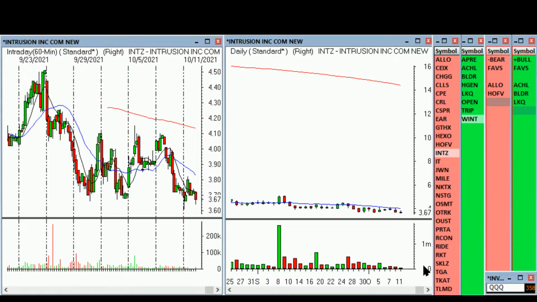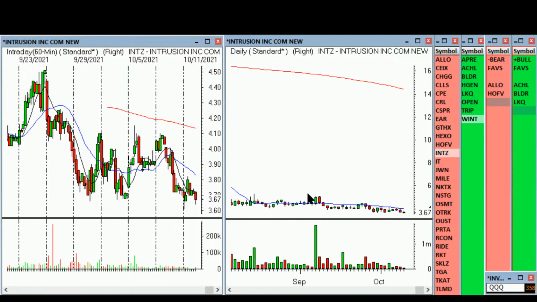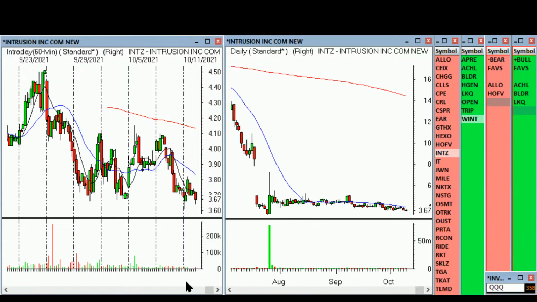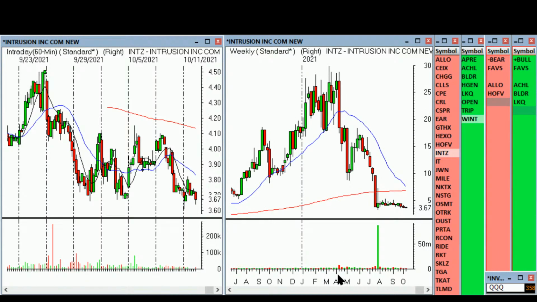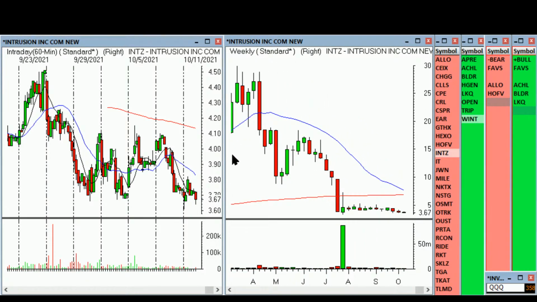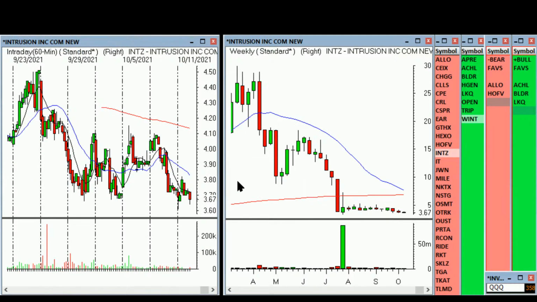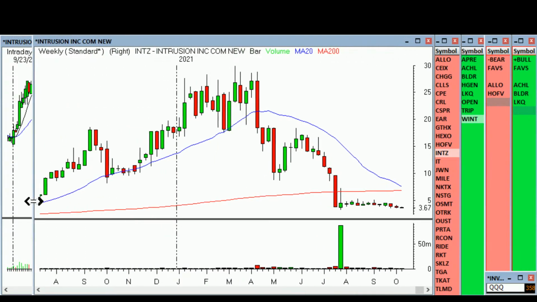INTZ, this looks also lower. Breakout failure right here. So it looks lower. Doesn't have a great hourly chart, but it just looks lower. Looks and feels lower. Daily. Here's the weekly for you. Again, look at this and tell me that's not lower. Basing after a big drop at the absolute low, should be lower.